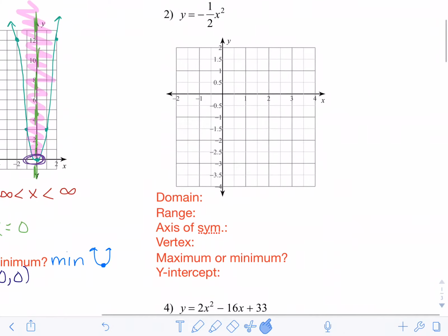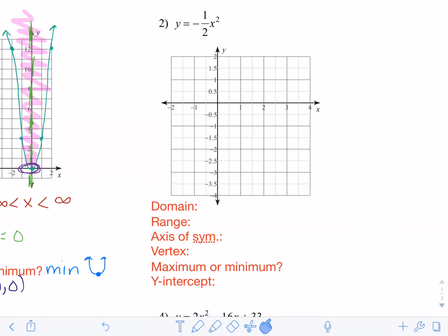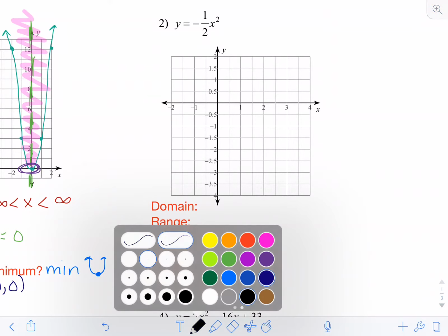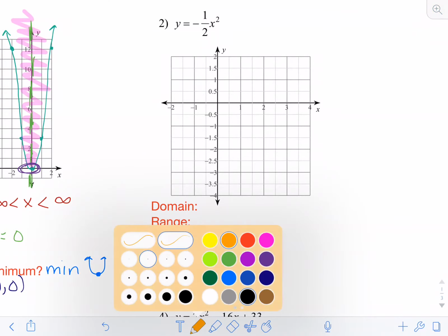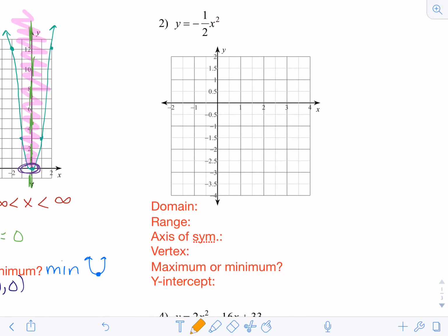Alright, number 2, so we have y equals negative 1/2 x squared. We'll look at my table. The first point that I can do is negative 2, negative 2.